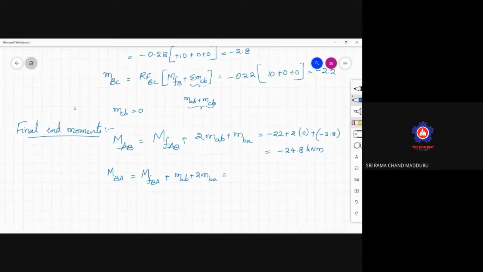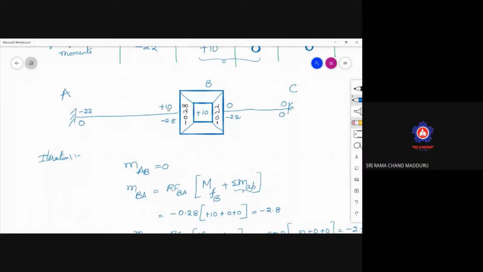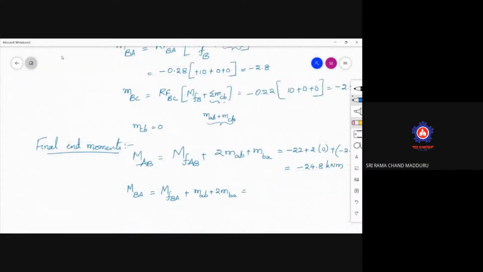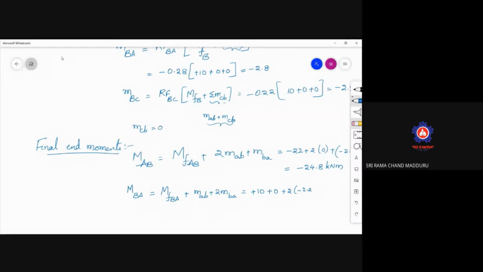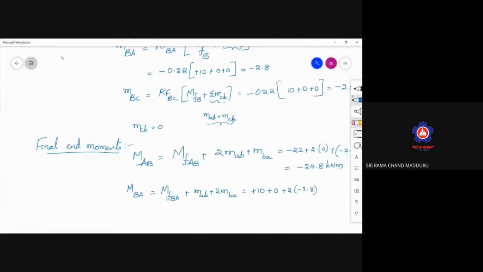MFBA: just go to this value, plus 10, plus 0 plus 2 times of minus 2.8, and the value will be plus 4.4 kilonewton meter.